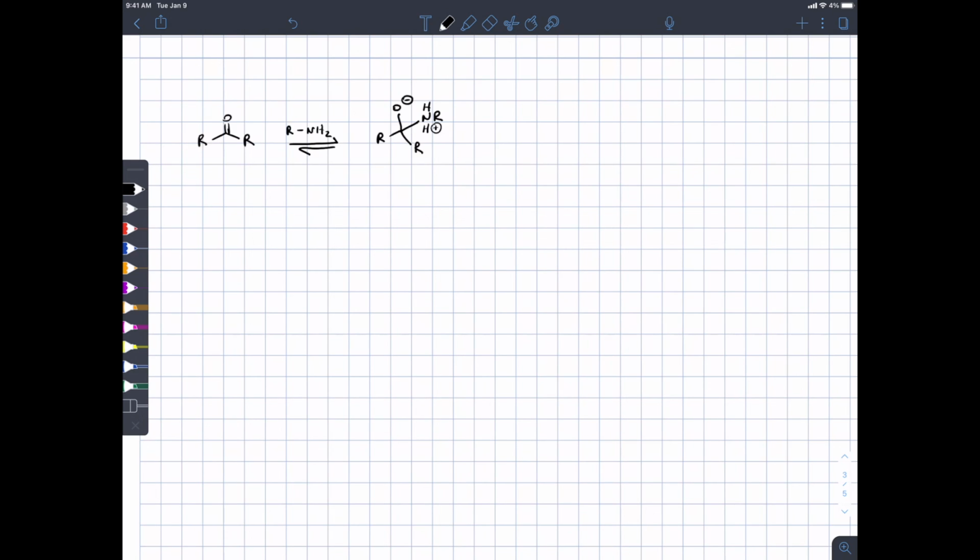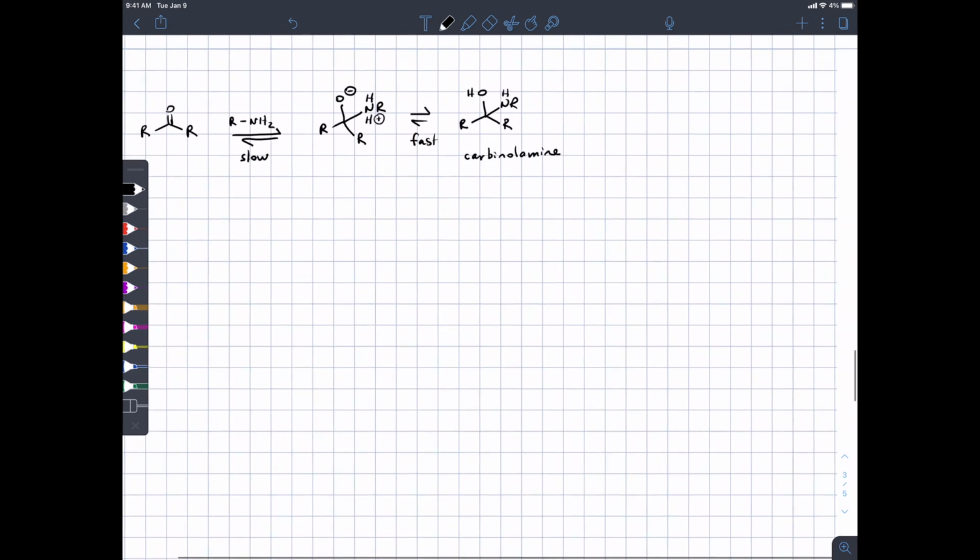It's thought that this step is slow, and that very quickly it gets deprotonated on the nitrogen and protonated on the oxygen to give you this sort of tetrahedral intermediate, which is called the carbinolamine.